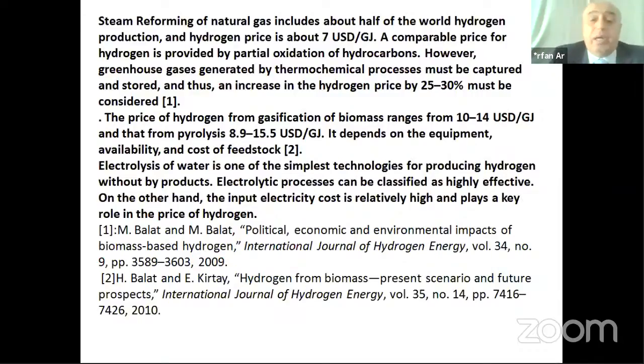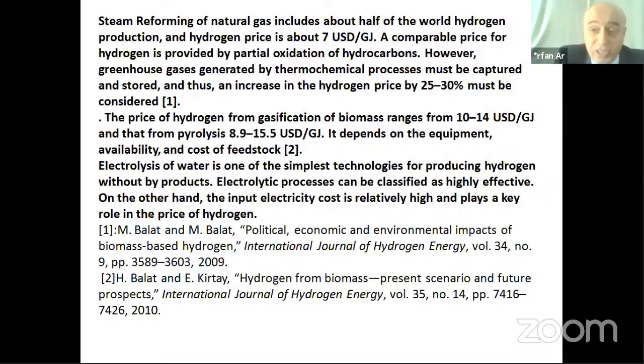Electrolysis of water is one of the simplest technologies for producing hydrogen without byproducts. Electrolytic processes can be classified as highly effective. On the other hand, the input electricity cost is relatively high and plays a key role in the price of hydrogen.